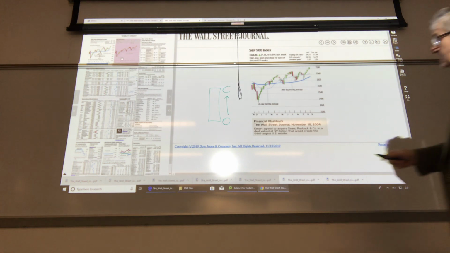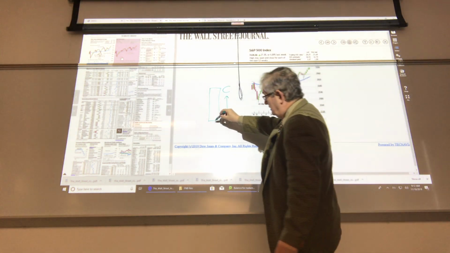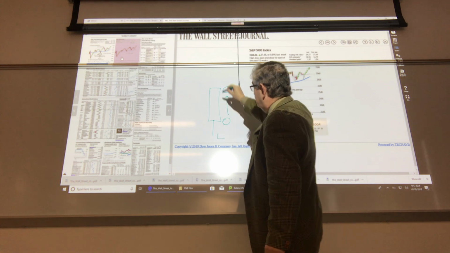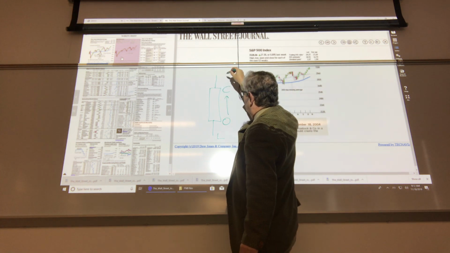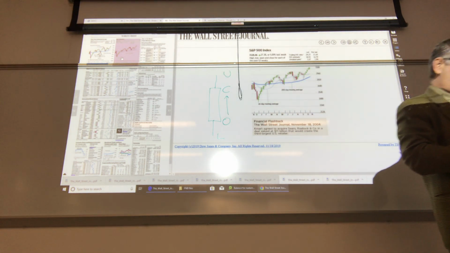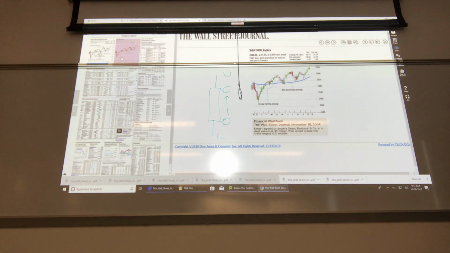If the price goes down, this is the low price, and if the price is going up, this is the upper price that we can have. And we have 4 pieces of information.